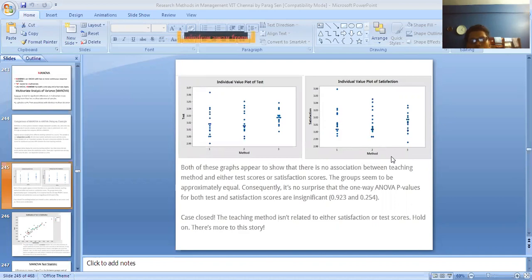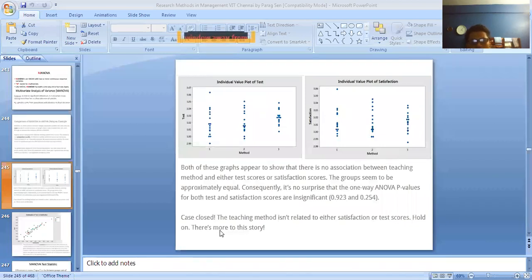So at 95% confidence level, you can conclude they are insignificant. Even at greater than 95% confidence level, you will find that they are insignificant. These teaching methods are actually insignificant. Case closed, the teaching method isn't related to either satisfaction or test scores.